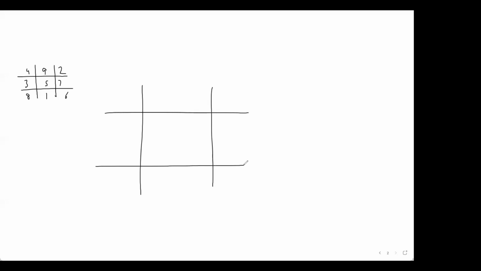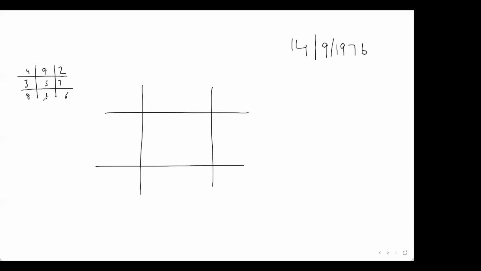I'll just draw a Loshu Grid for your reference out here, then you can fill it up: 8, 1, 6, 3, 5, 7, and 4, 9, 2. Suppose we want to make a Loshu Grid for a person born on 14th September 1976.